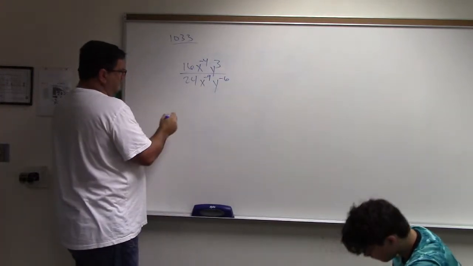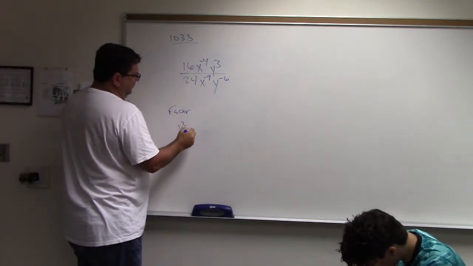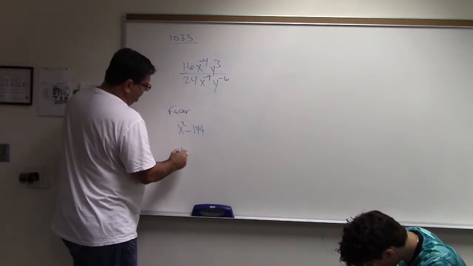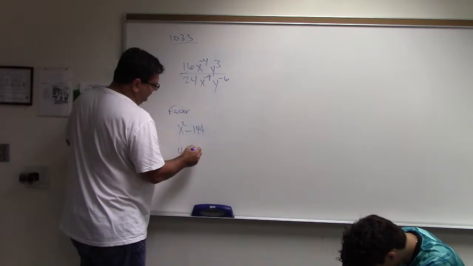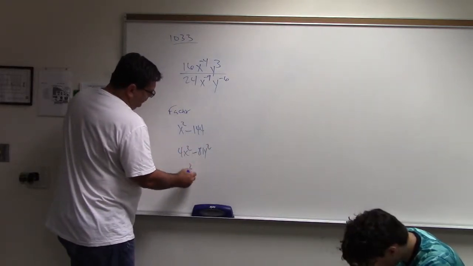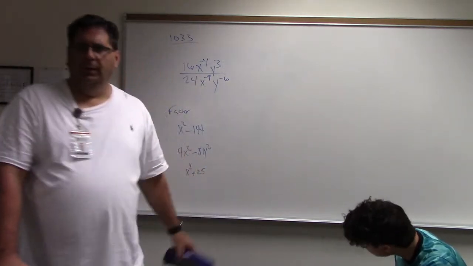All right. Then let's factor x squared minus 144. Let's factor 4x squared minus 81y squared. And then let's factor x squared plus 25. All right. You got that, Enzo?